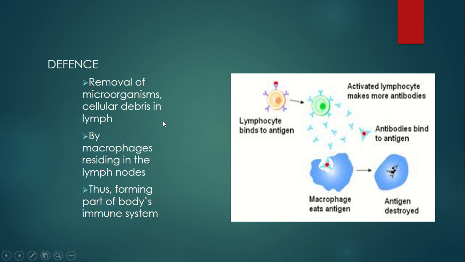As I told you throughout the course, the lymph passes through the lymph nodes, and whatever microorganisms and foreign particles are present in the lymph are captured by the lymph nodes due to the presence of lymphocytes and macrophages over there. Thus it forms the body's immune system.